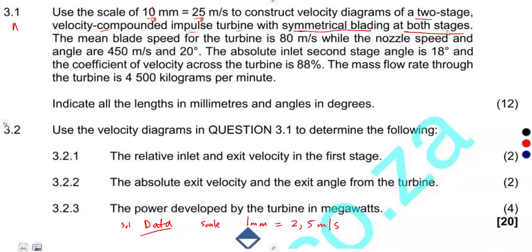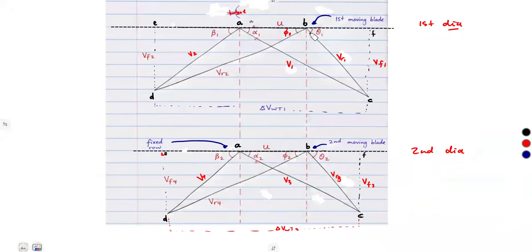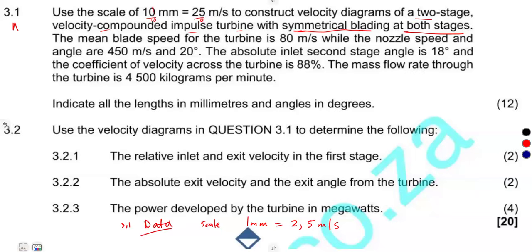Then the symmetrical blading at both stages means the angles at these moving blades are exactly the same for both stages. So theta 1 and phi 1, theta 2 and phi 2. So angle theta 1 is equal to angle phi 1, theta 2 and phi 2.